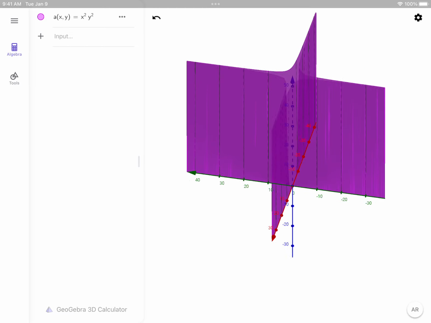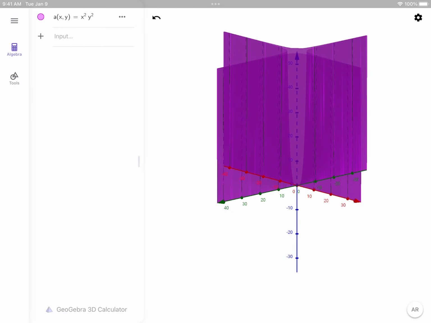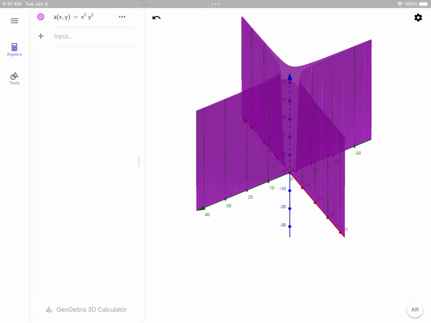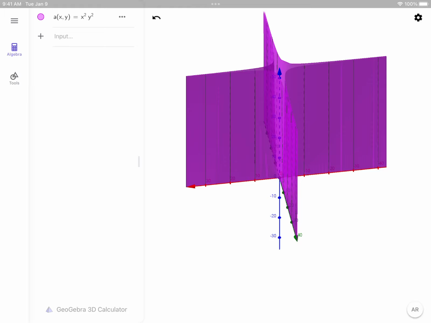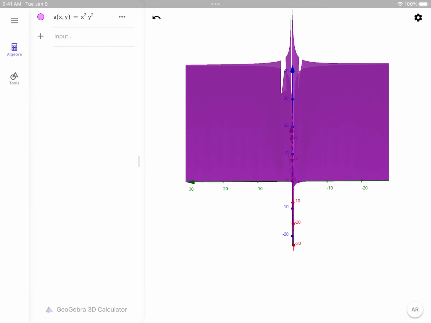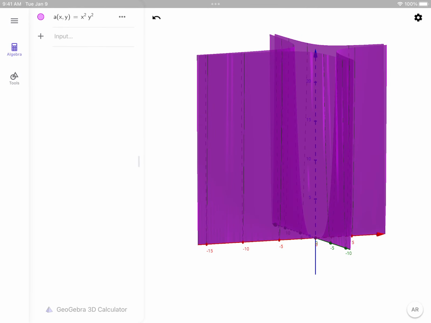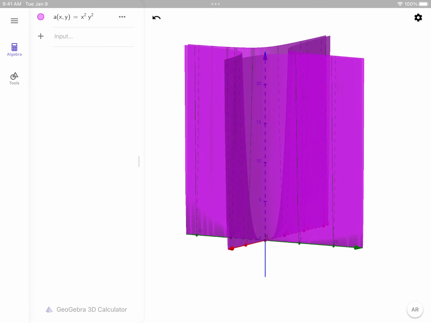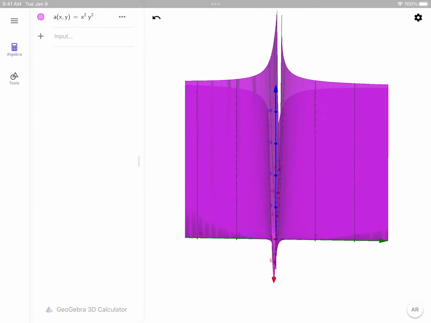Notice that at the origin 0, 0, 0, we have a minimum, but also we have several global minimums, right? Because this thing expands forever out in the x and the y direction. So for any point on the x-axis or y-axis, we have a global minimum at 0. We can see that.